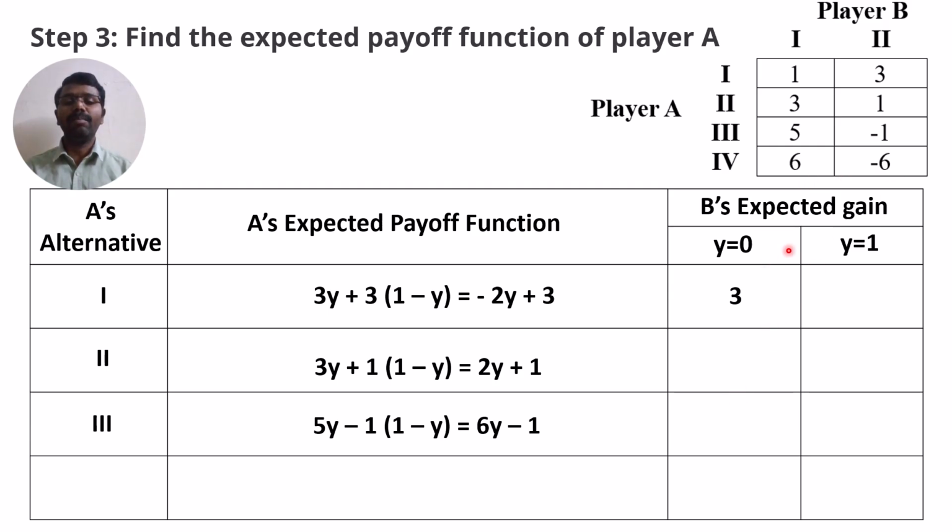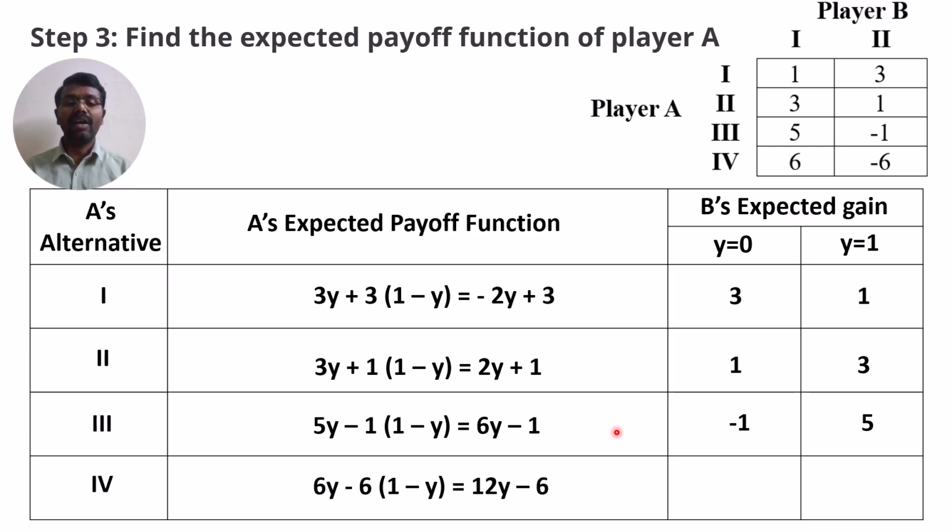Now B's expected gain: for the first alternative, if y is 0 the value is 3, and if y is 1 the value is 1. For the second, if y is 0 the value is 1, and if y is 1 the value is 3. For the third, if y is 0 the value is minus 1, and if y is 1 the value is 5.